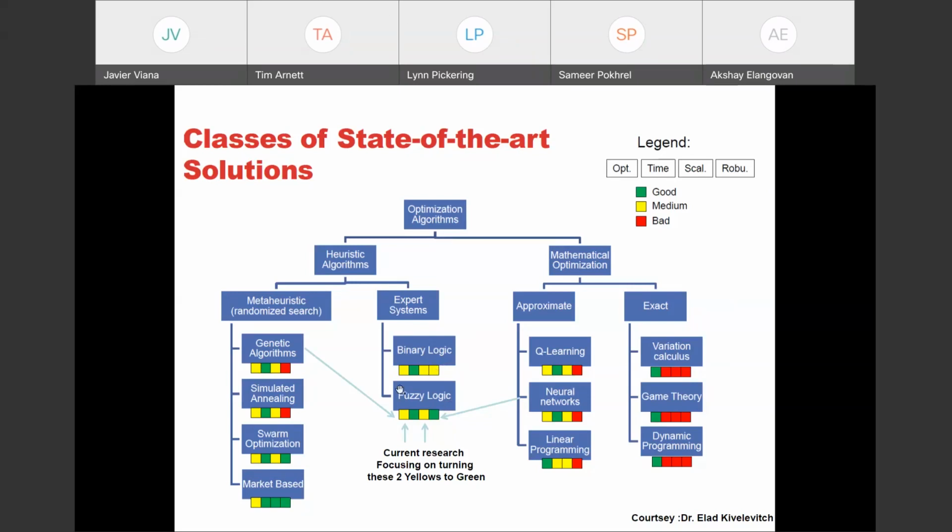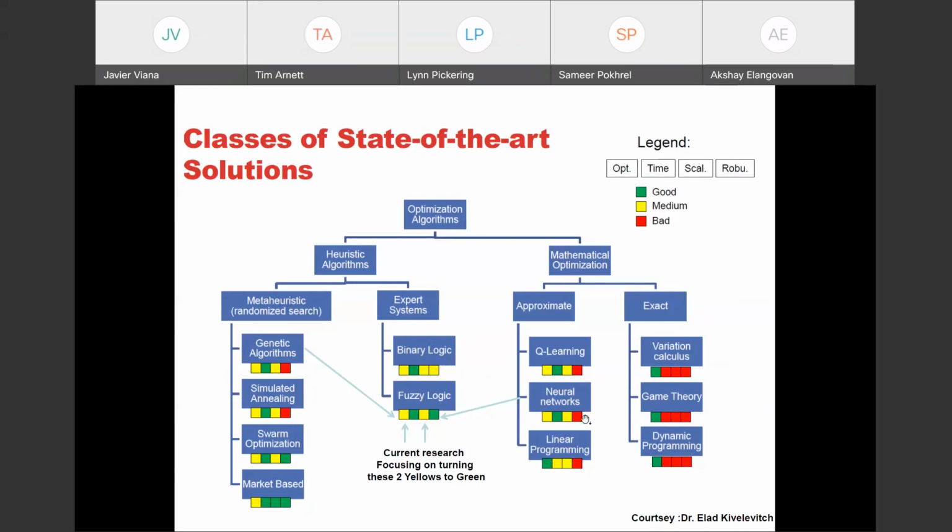These color-coded boxes below each of these represent that method's capabilities with respect to optimality, time, scalability, and robustness. And then we have these color codings for good, medium, and bad.